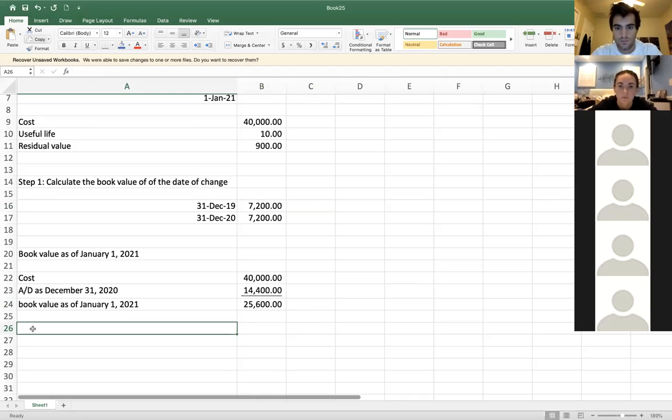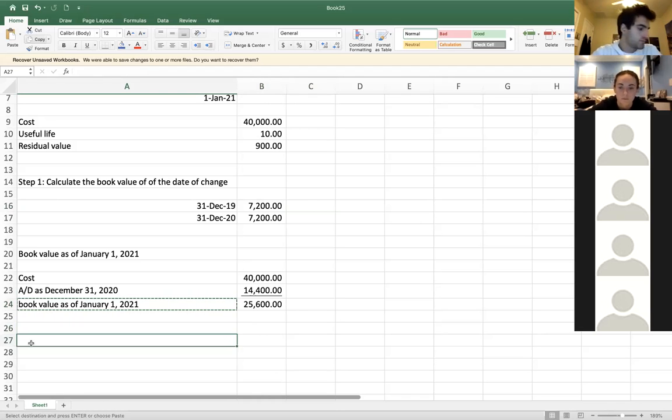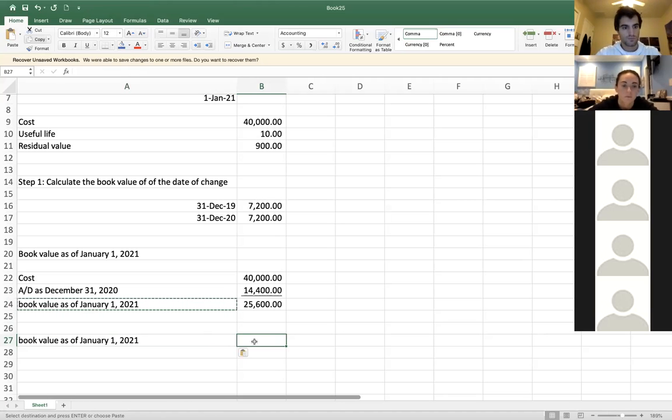My numerator is going to be the book value as of the date of change, minus what? The residual value.